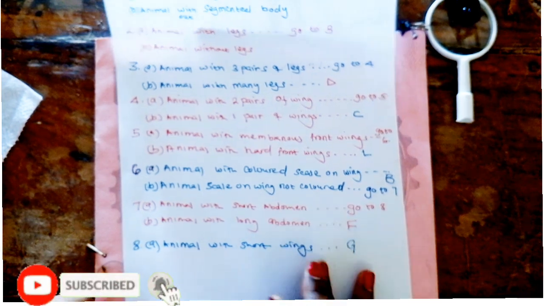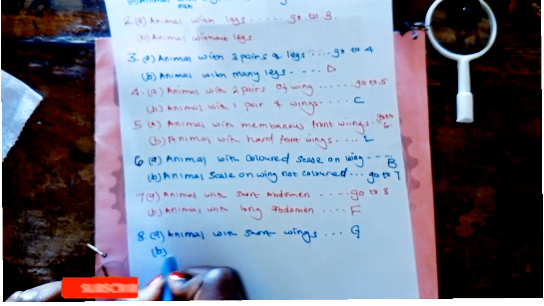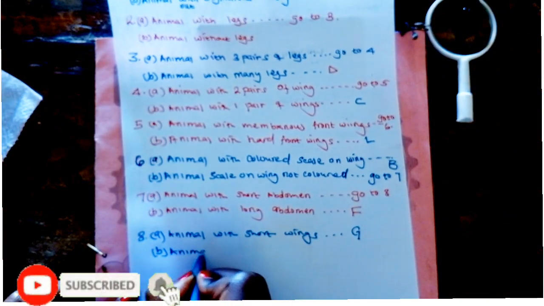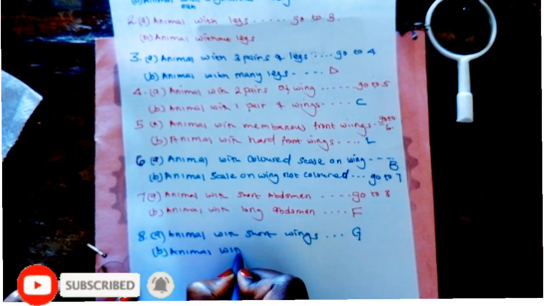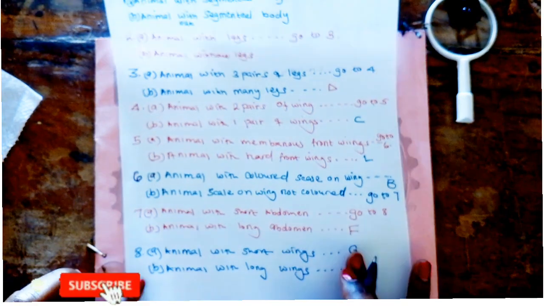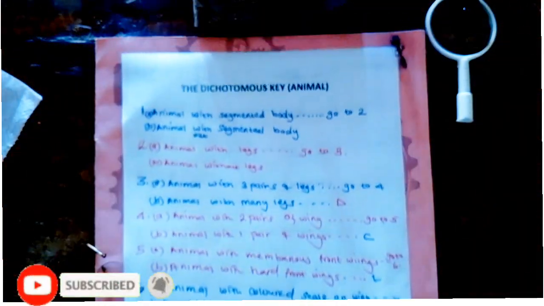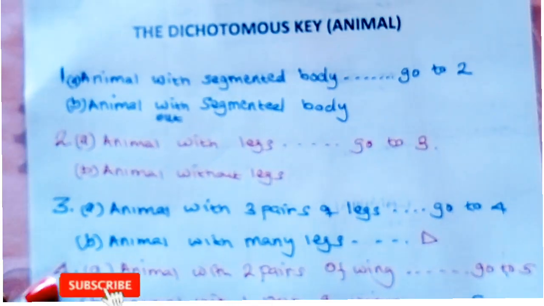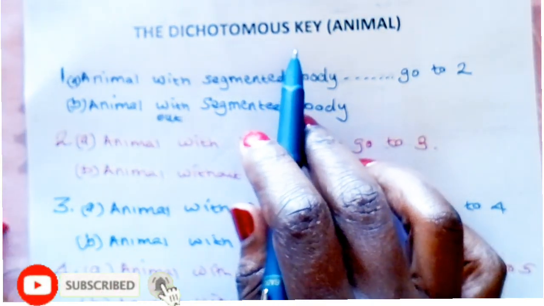Okay? Yes. B, animal with long wings. We are not going anywhere because we know it is E. Nice. Look at the beginning of our dichotomous key.